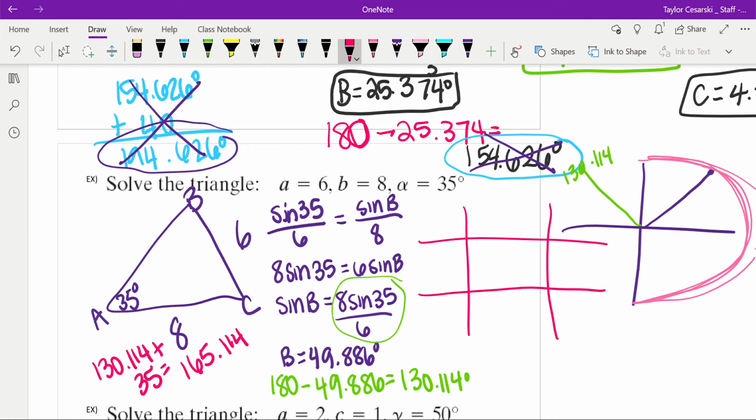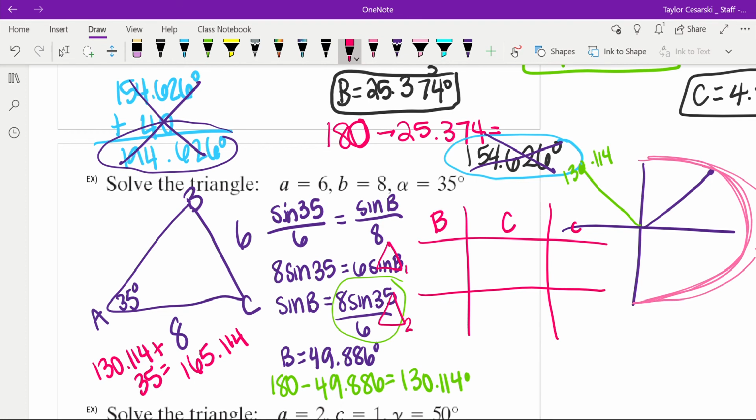Okay? And what I do is, there's going to be 2 possible triangles. So I need to find angle B, I need to find angle C, and I need to find side C. Okay? So my triangle 1 and triangle 2.